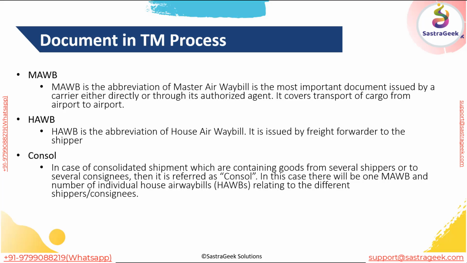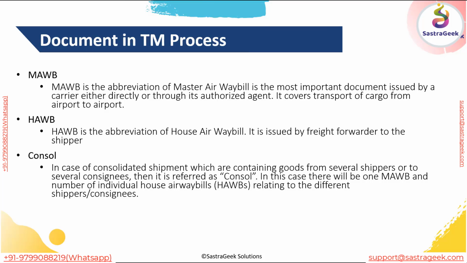MBL is basically between port of loading and port of destination. And HAWB is also called house airway bill or house bill of lading. House airway bill is basically used when we are doing air transport.